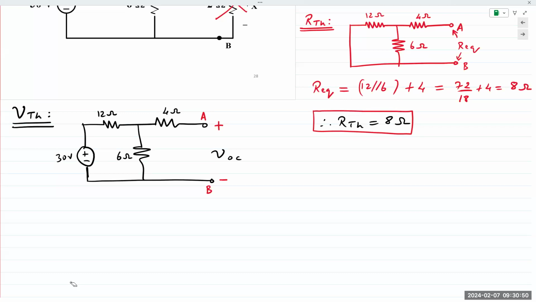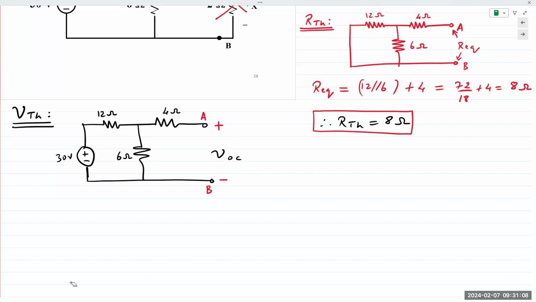12 and 4, are they in series? No. How about 12 and 6 or 4 and 6? 12 and 6, parallel or series? It absolutely is in series.